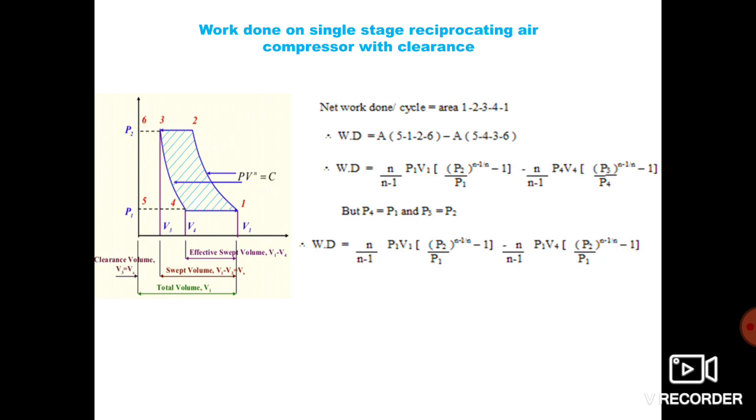After replacing we get work done is equal to n upon n minus 1 P1 V1 bracket P2 by P1 to the power n minus 1 upon n minus 1 minus n upon n minus 1 P1 V4 in bracket P2 by P1 to the power n minus 1 upon n minus 1. We have replaced this term P4 by P1 and P3 by P2.